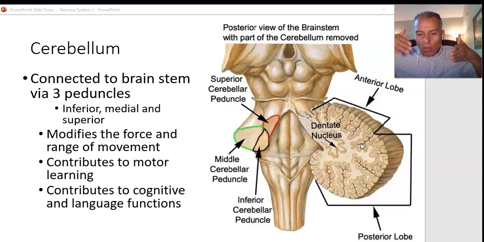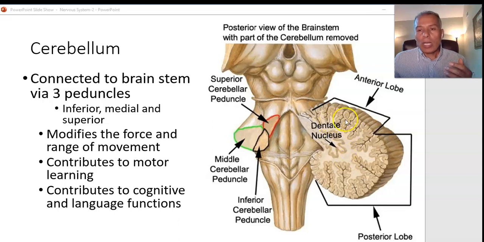Then all the information, all the connections from the cerebellum, come out in the form of three big cables that I have just explained. One of them goes up through the midbrain to the higher levels, one goes into the medulla and down into the spinal cord, and one goes to the pons.